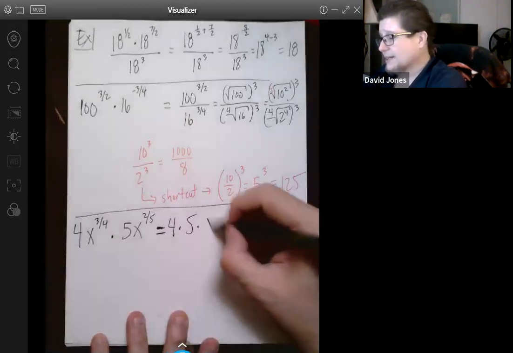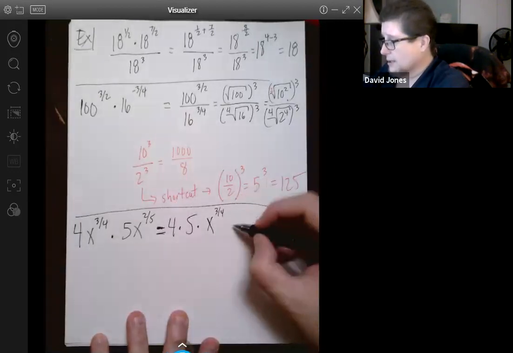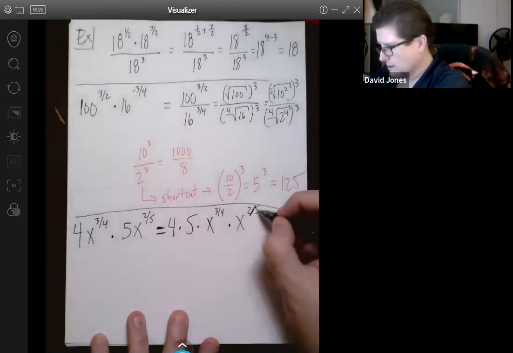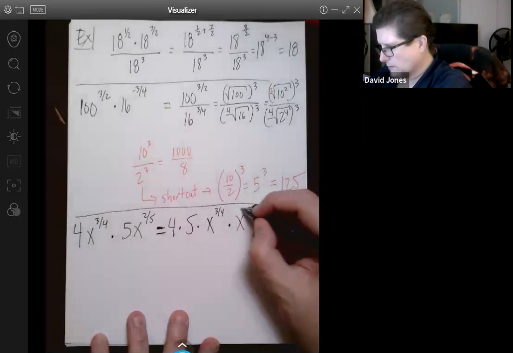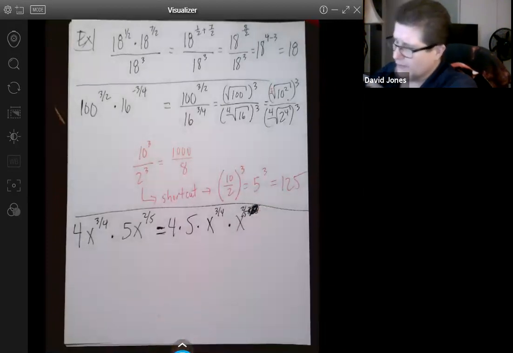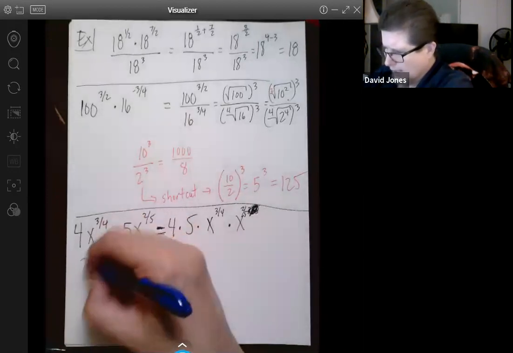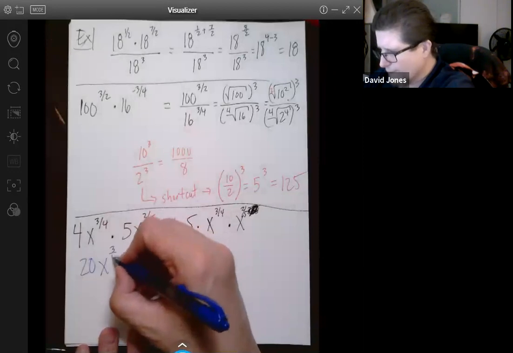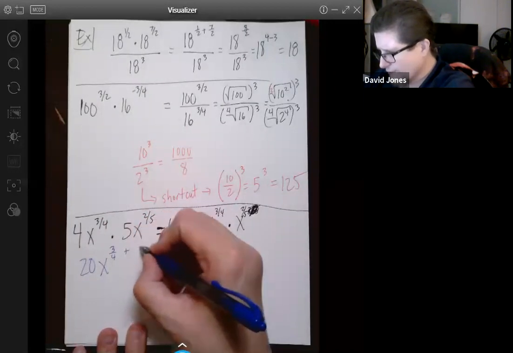And then I've got x to the 3/4 times x to the 2/5. Well, 4 times 5 is 20. And I've got a common base, which means I can add exponents. 3/4 plus 2/5.